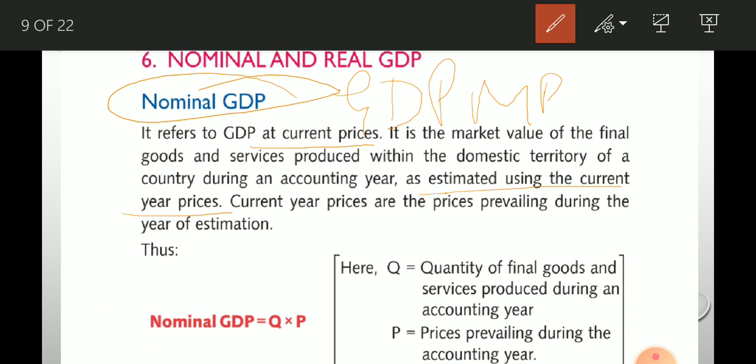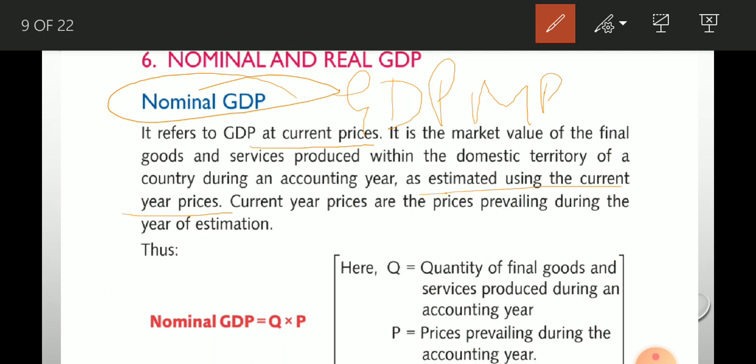When GDP is calculated at current price, it is known as nominal GDP. Otherwise, write the definition of GDP MP and add this line: it is the market value of all final goods and services produced within the domestic territory of a country during an accounting year and estimated using the current year price.